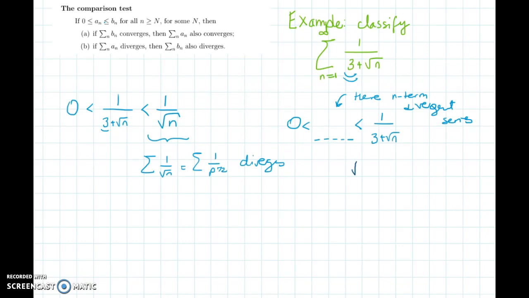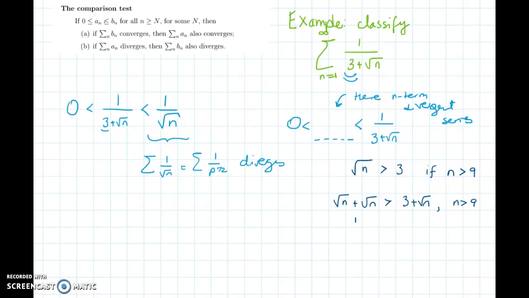Let's say we look at square root of n, and we know that this is going to be greater than 3 if n is greater than 9. So that means if we look at square root of n plus square root of n, this is going to be greater than 3 plus square root of n for n greater than 9.